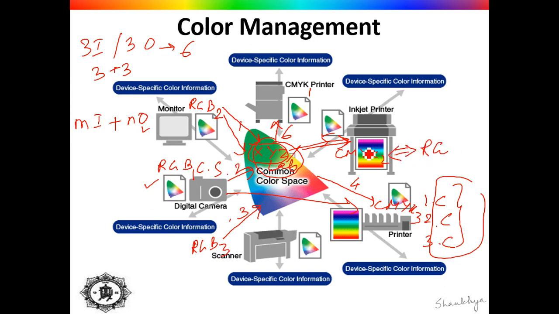So if from the monitor the image that we are getting is in RGB2 color space, we have converted it into XYZ color space first, then again converted from XYZ color space to CMYK2 color space, which is that of an inkjet printer, right? So this CMYK2 image will be a manifestation of the RGB2 color space or RGB2 data.